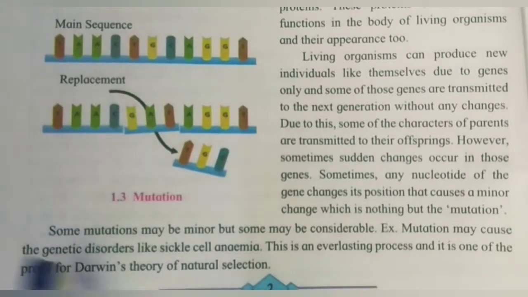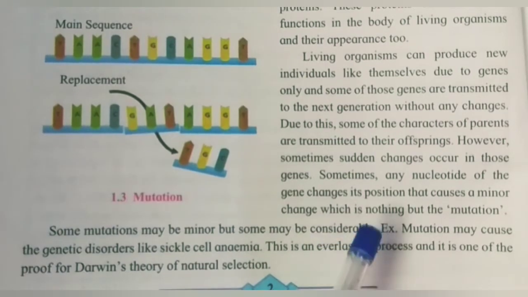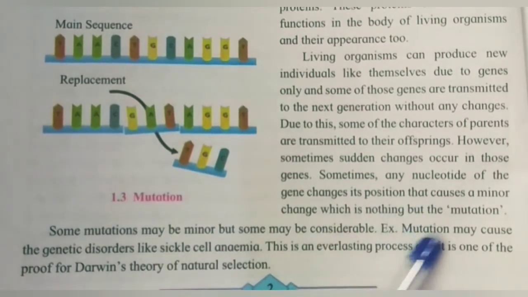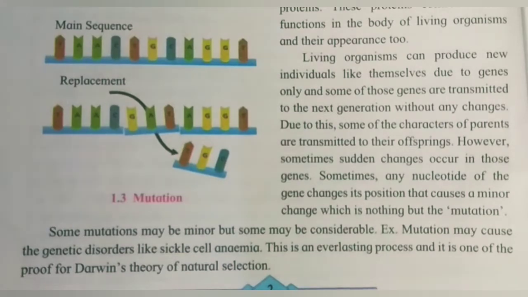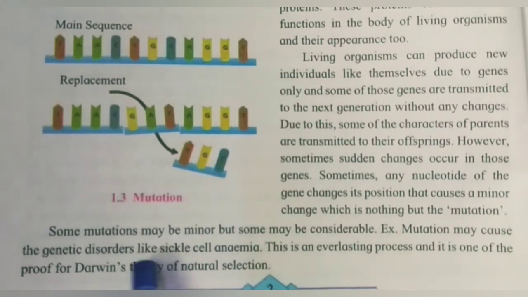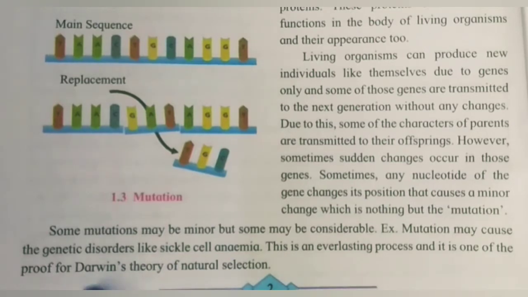Some mutations may be minor, but some may be considerable. Some changes are not noticeable, we cannot notice them with naked eyes, but some are considerable. For example, mutation may cause genetic disorders like sickle cell anemia. That is one non-curable disease. This is an everlasting process, and it is one of the proofs for Darwin's theory of natural selection.